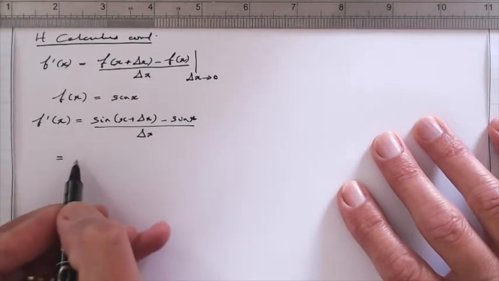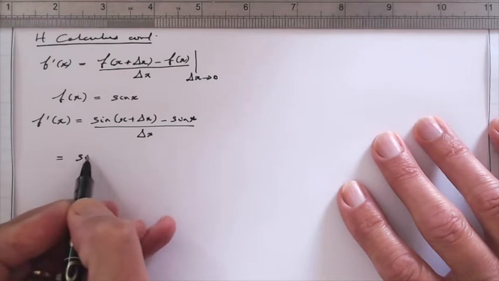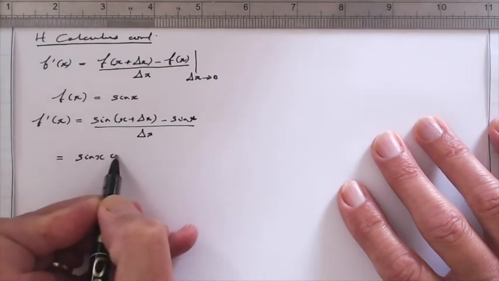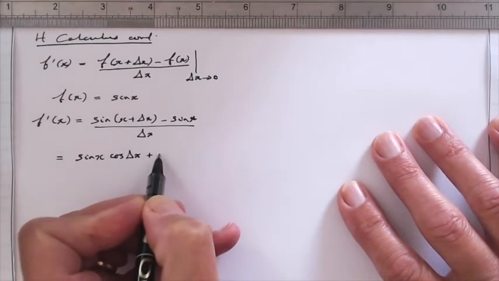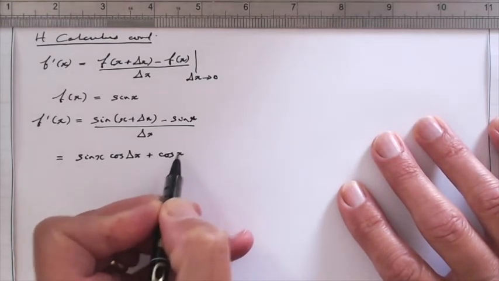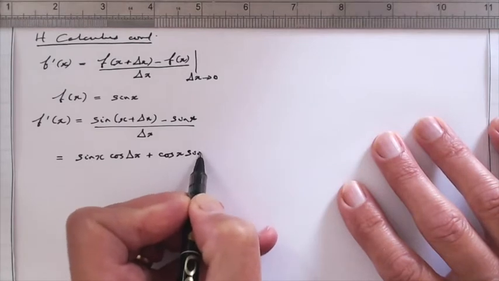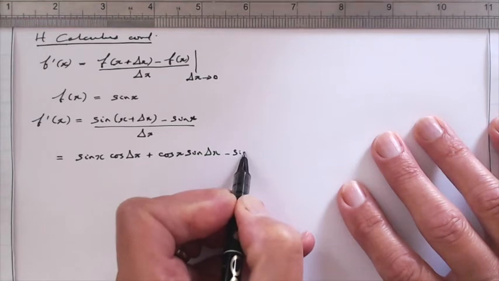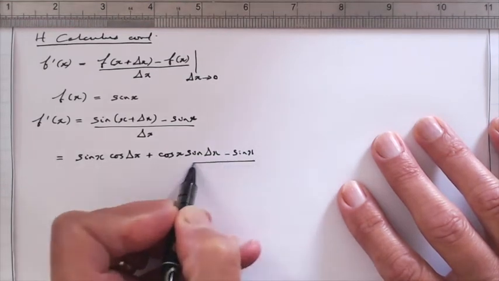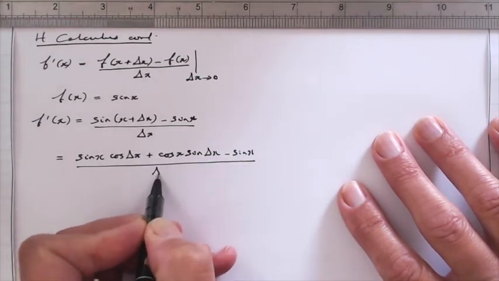So using the addition formula, we have this as sine of x times the cosine of the second angle, delta x, plus cosine of the first angle, x, sine of the second angle, delta x, and then take away sine x at the end, all over delta x.